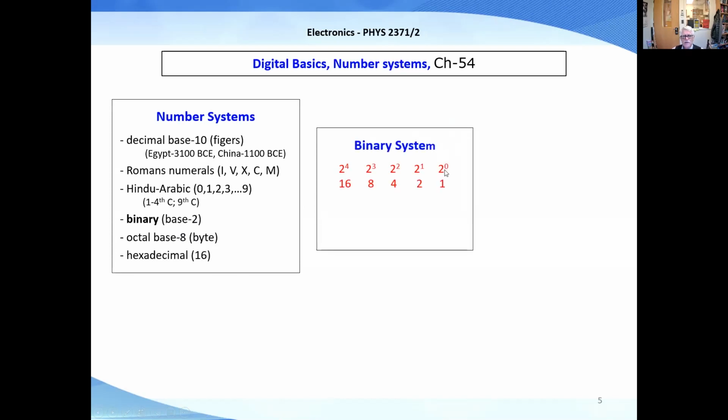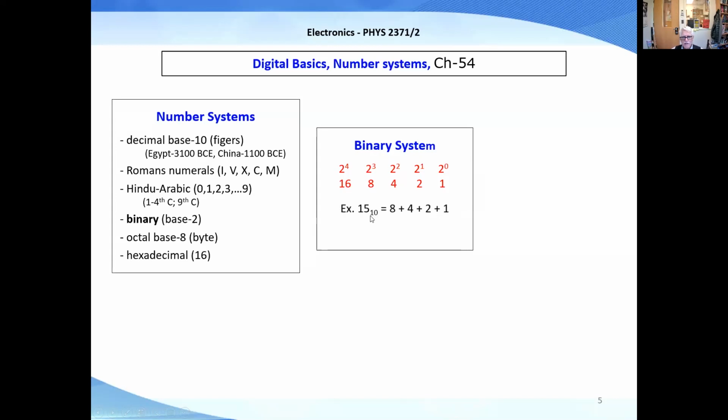Okay, the binary system. If we had a base 10 system, the digit on the right-hand side, which we call the least significant bit, would be the ones column, then the tens and the hundreds and the thousands. Well, the binary system has 1s, 2s, 4s, 8s, 16s, and so on. So it's a factor of 2 going to the left on each one instead of 10 as in a base 10 system.